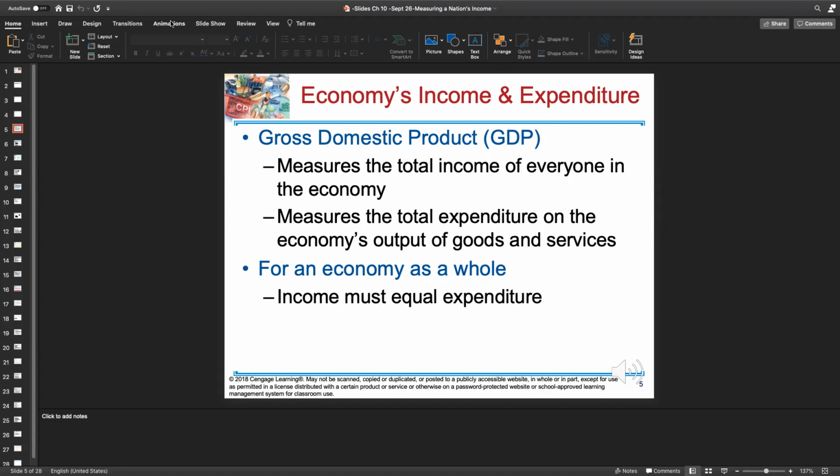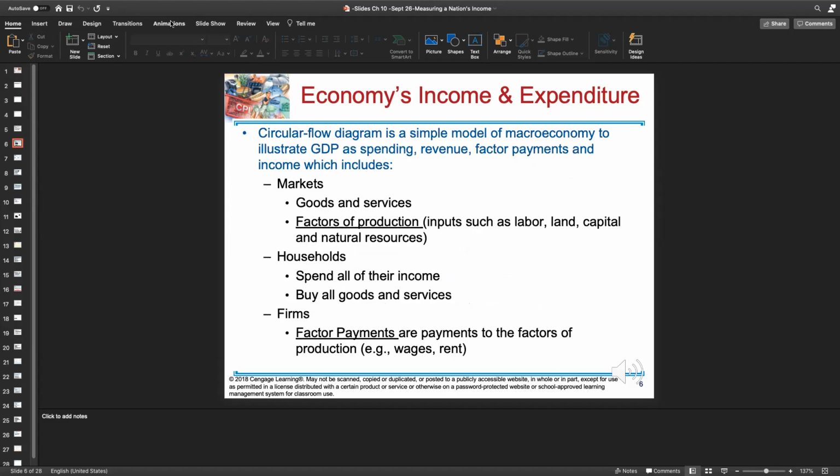On one side of the equation we have income, and on the other side we have expenditure, so both sides should be equal. The total output produced, which is income for some, is considered expenditure for others.